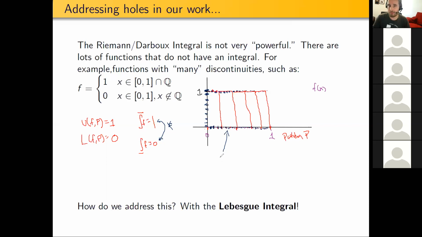And that, using our language from real analysis, would be the pre-image of 1. So the pre-image of the height 1, it looks at that set in the domain, and then it takes the measure of that set.